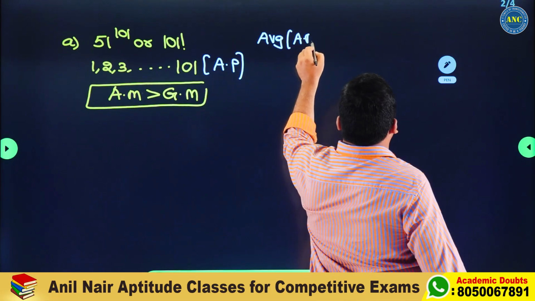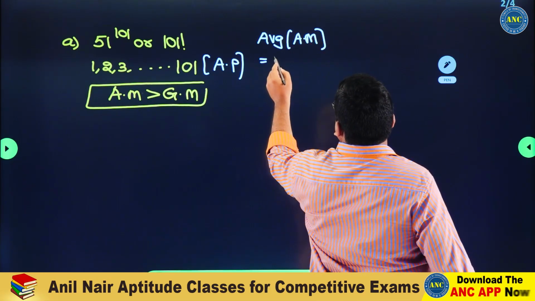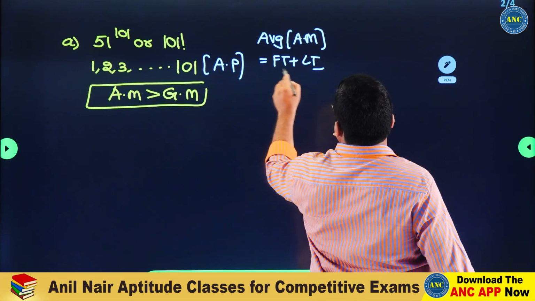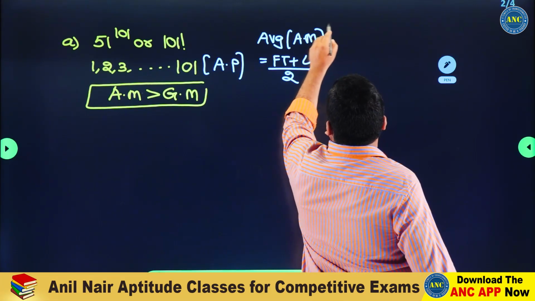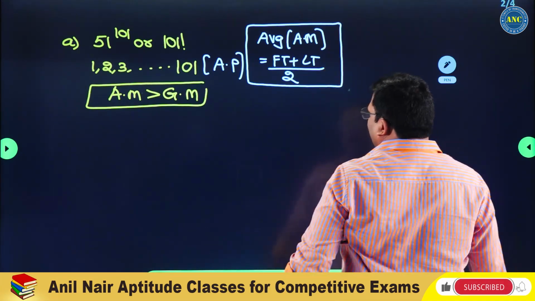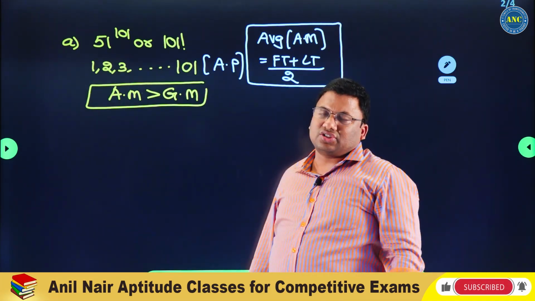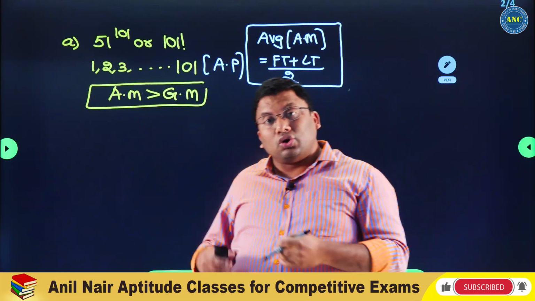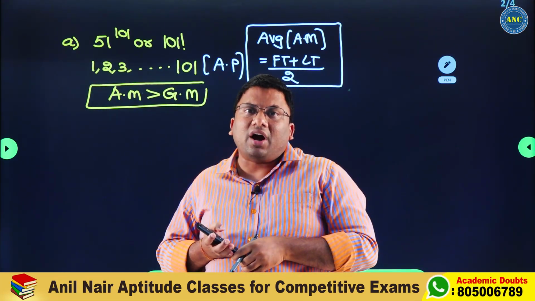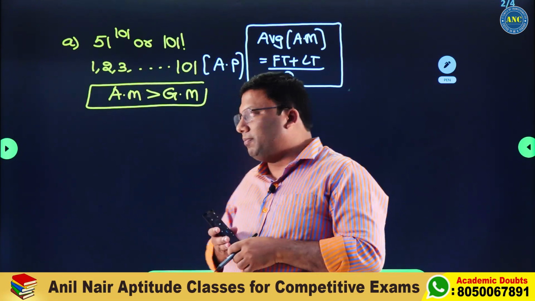So average or arithmetic mean is also given by the mid value, or first term plus last term by 2. It is also given by second term plus second last term by 2, third term plus third last term by 2.